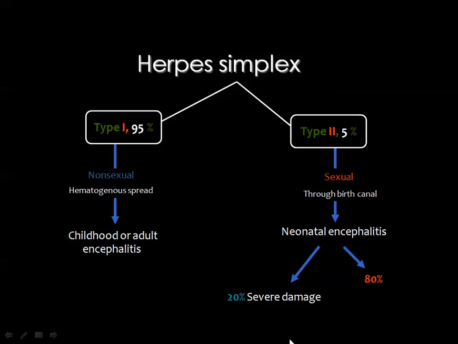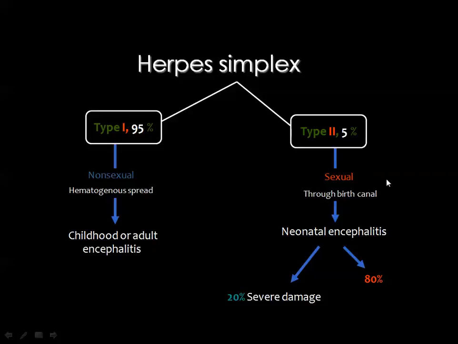And one of the well-known viruses affecting the brain parenchyma is the herpes simplex, and we have two types. Type 1, which is very common, and this is non-sexually transmitted. It is transmitted by the bloodstream, and it affects children and adults.